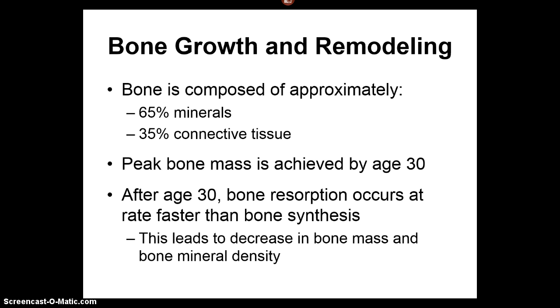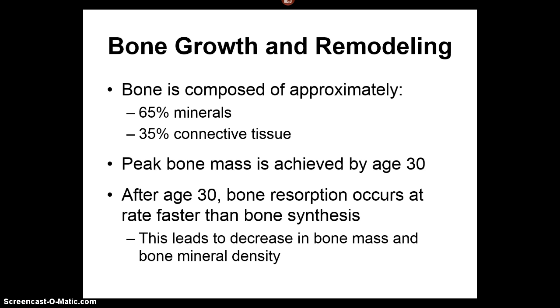So bone is about 65% minerals, most of those being calcium, phosphorus, and some fluoride, a little bit of magnesium, and about 35% connective tissue. So this keeps the bone all together, and then it's the blood that supplies the oxygen and the energy to the bone.